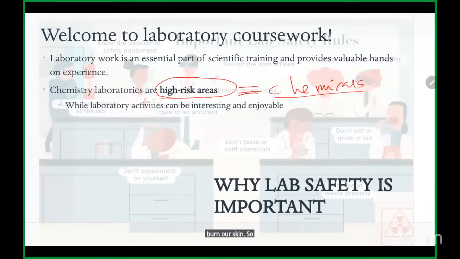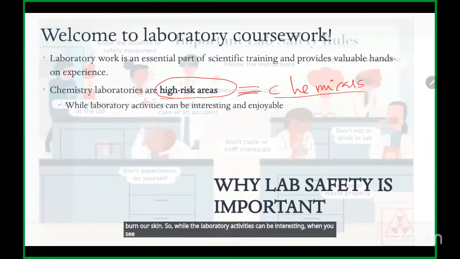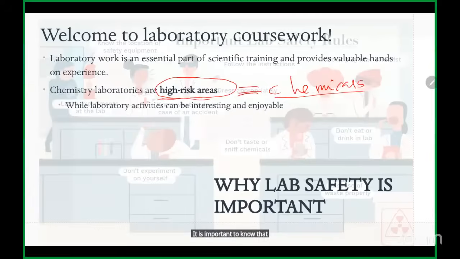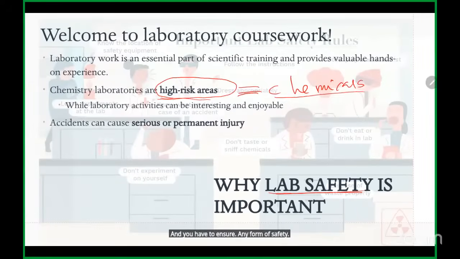While laboratory activities can be interesting when you see different colors in your titration, or you are making new things, it is important to know that it's a high-risk area, and you have to ensure safety, because any accident may cause a permanent injury, and nobody wants that for themselves.